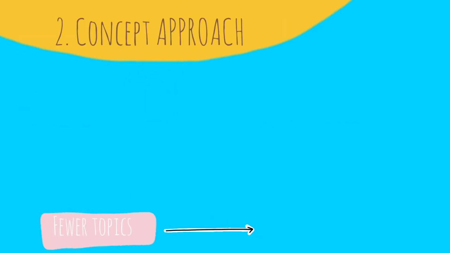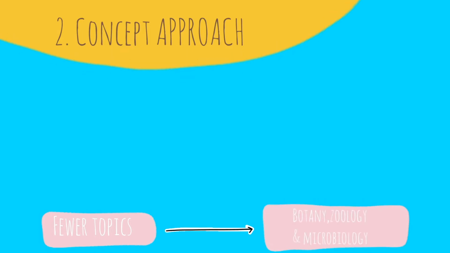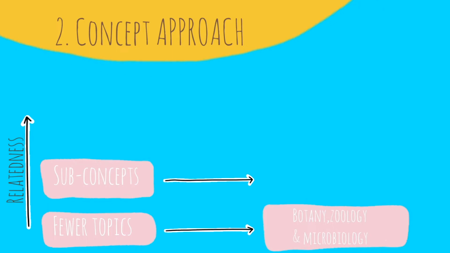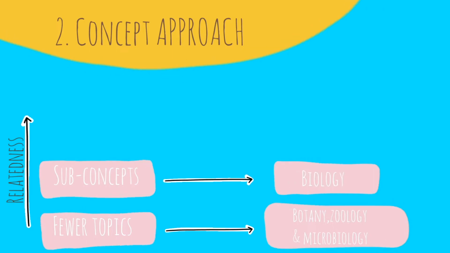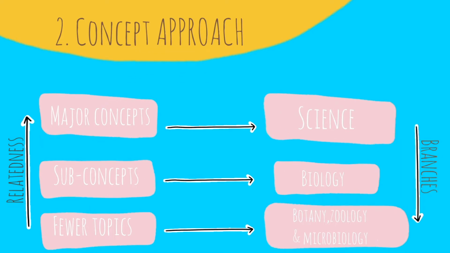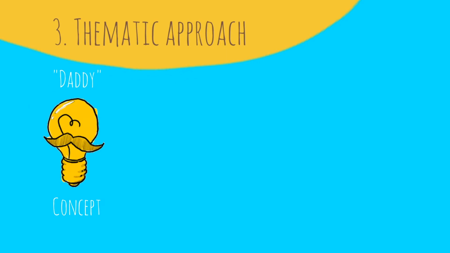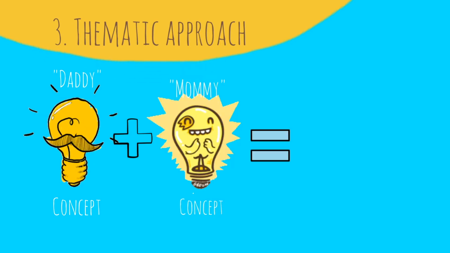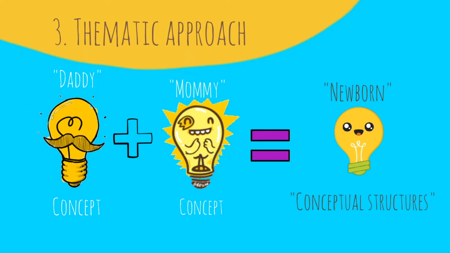It is fewer topics in clusters, for example, botany, zoology, and microbiology around sub-concepts, which is biology, and the science as the major, with their interaction and relatedness emphasized. Third, thematic approach. It is a concept with a combination of 2 or more existing concepts to develop conceptual structures.